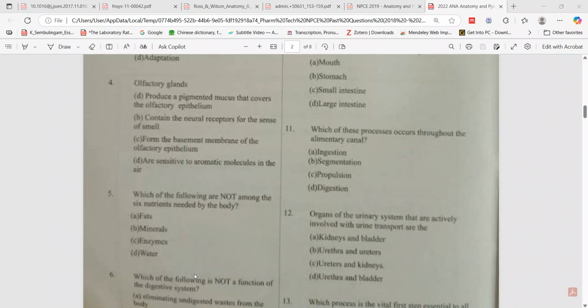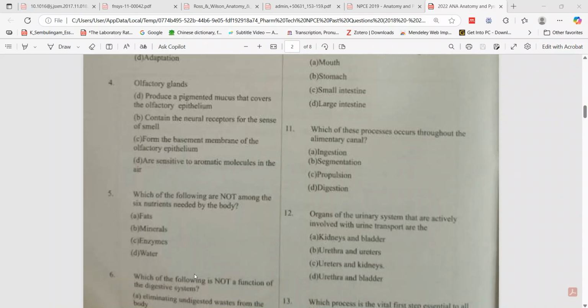You should know that glands secrete. And olfactory gland is an example of, is it endocrine or exocrine? Endocrine. So what do endocrine glands do?